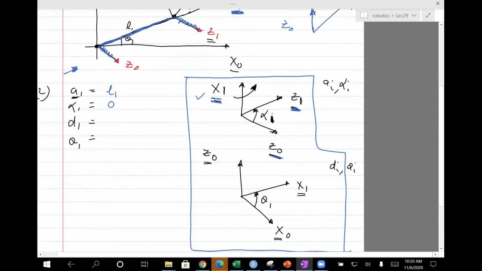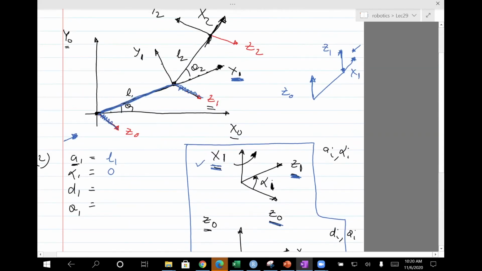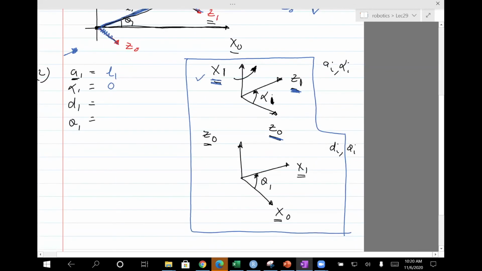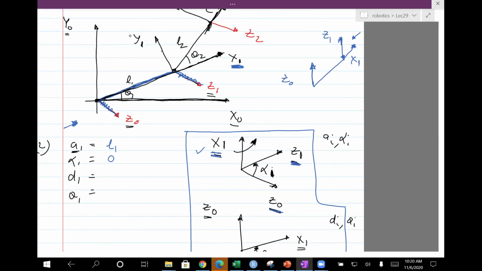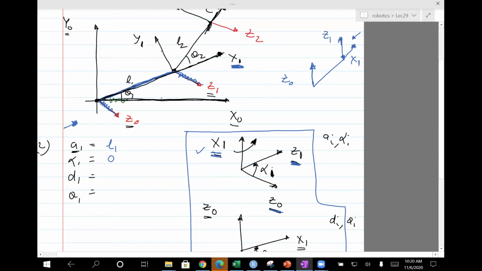So the distance between x0, which is this, and x1, which is this, along z0. If you want to find the distance between this line and this line along the z0 axis, you can see that they are intersecting, and so that distance is going to be 0.